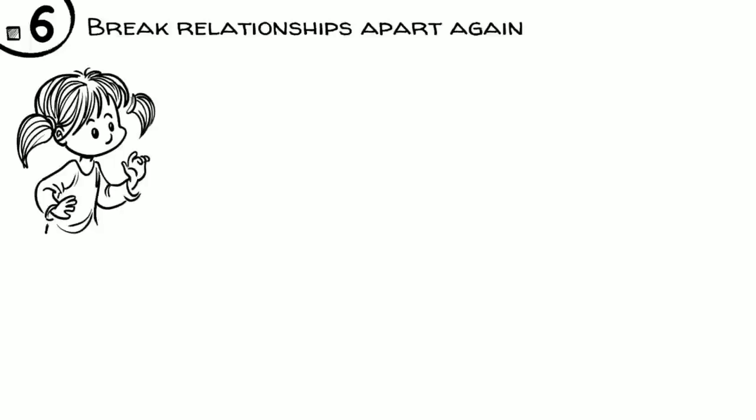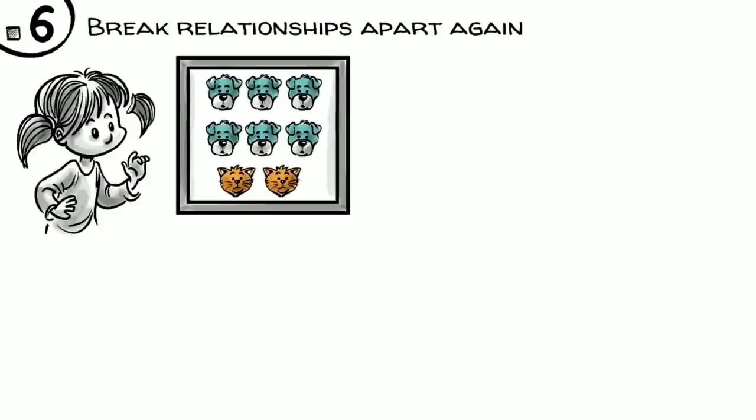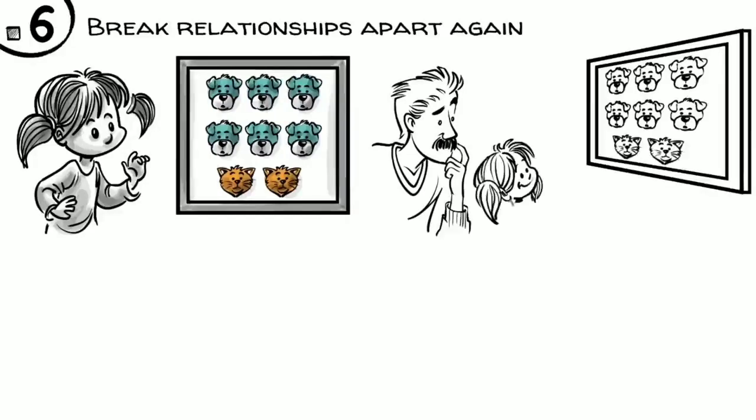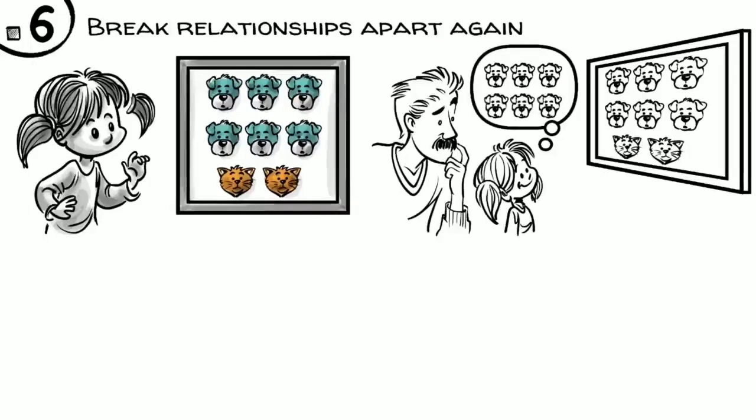After building them, children need to learn to break relationships apart again. We can see how hard this is when we present a 5-year-old an image of 6 dogs and 2 cats, and then ask, are there more dogs or more animals? While most adults who see the full picture find this question odd, a 5-year-old typically just answers, more dogs.